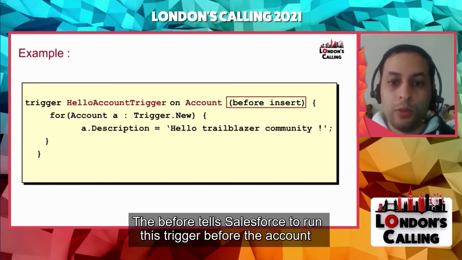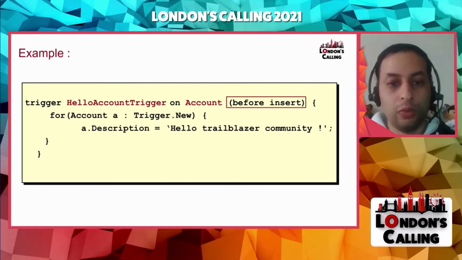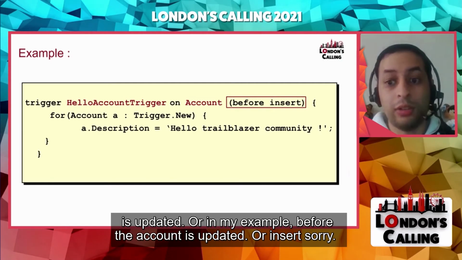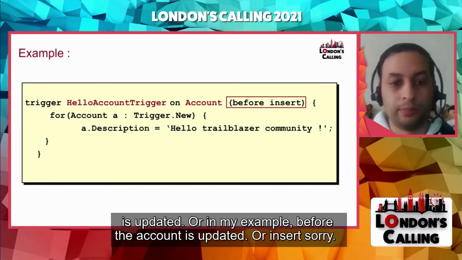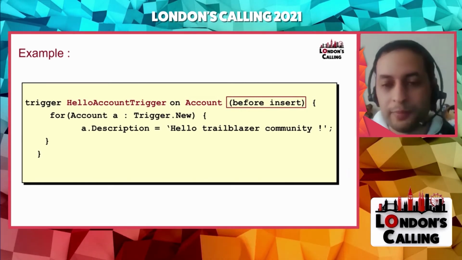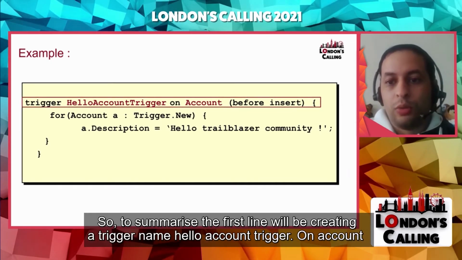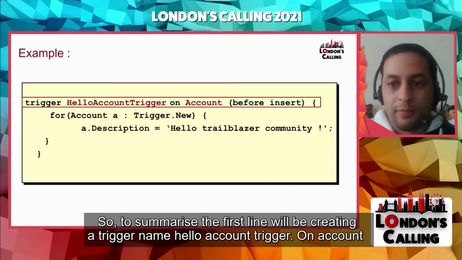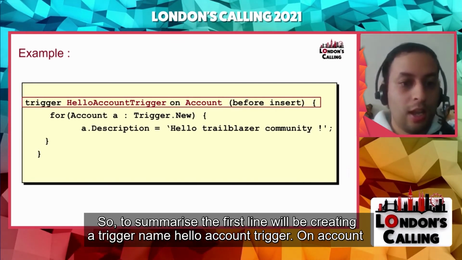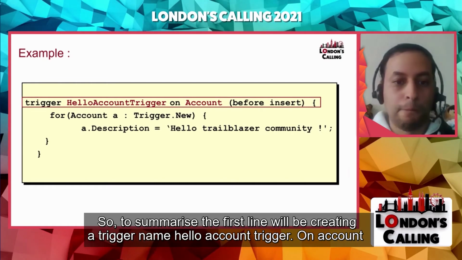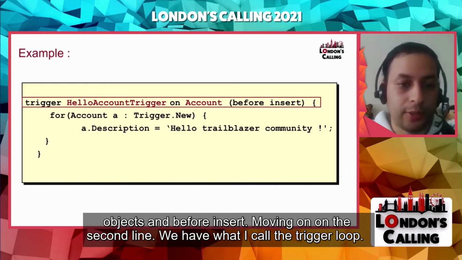The before tells Salesforce to run this trigger right before the account is updated, or in my example, before the account is inserted, sorry. So to summarize, the first line creates a trigger named HelloAccountTrigger, on the account object, before insert.